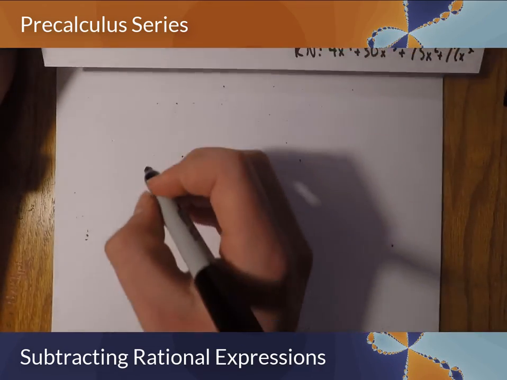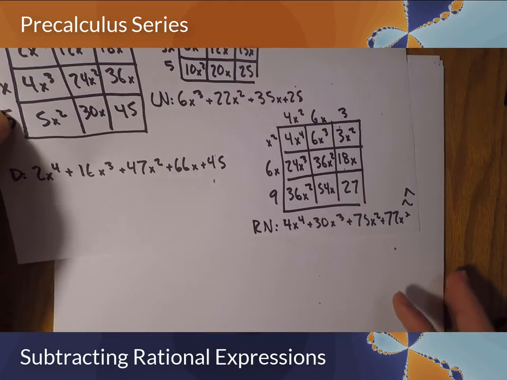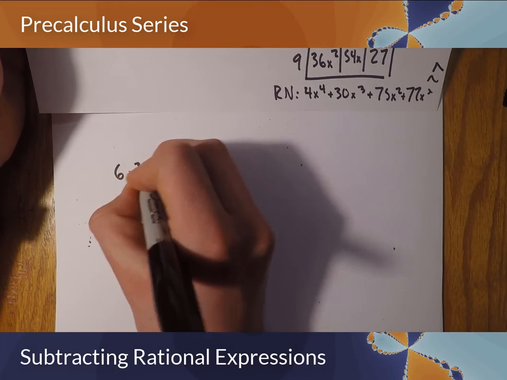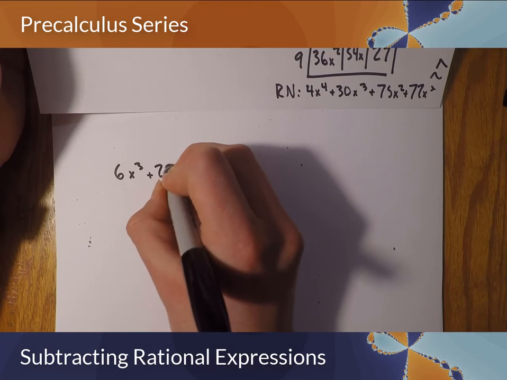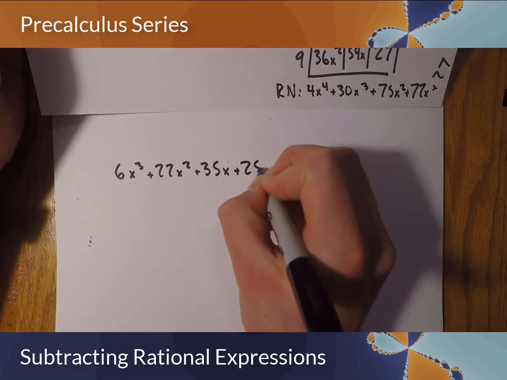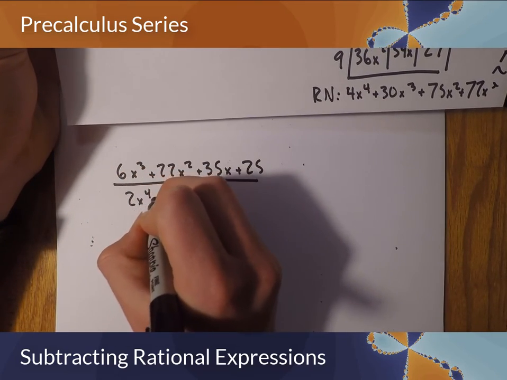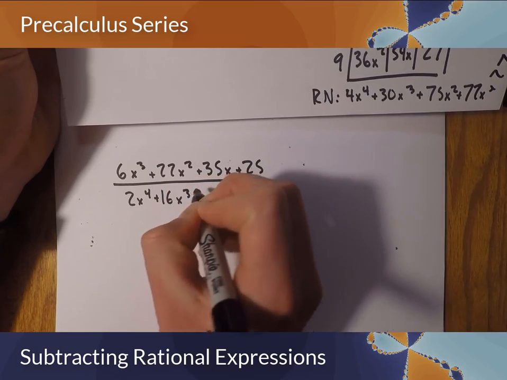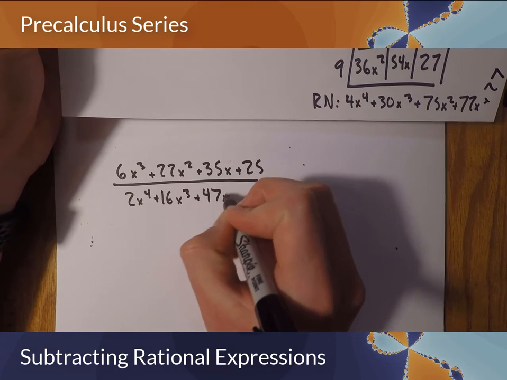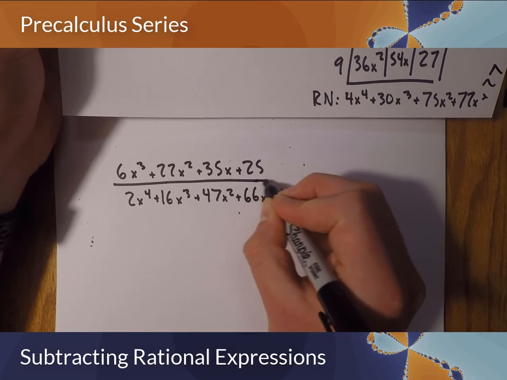So our left numerator was 6x cubed plus 22x squared plus 35x plus 25 over 2x to the fourth plus 16x cubed, and that's the denominator calculation we did, plus 47x squared plus 66x plus 45.